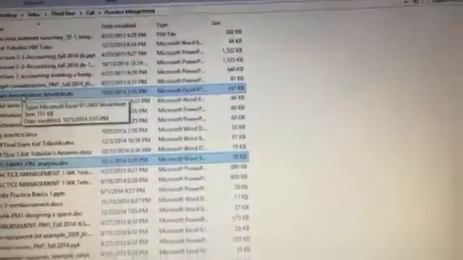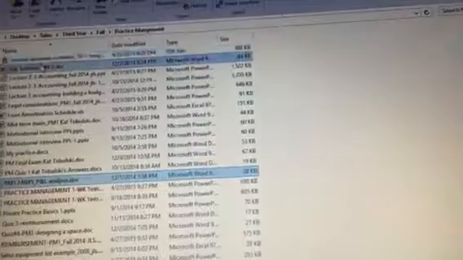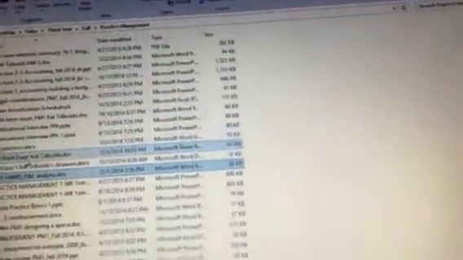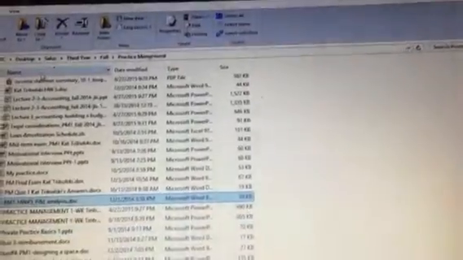Loan amortization schedule. Where did I put this thing? Homework 3. How about homework 1? I know I did it. I just had it the other day.